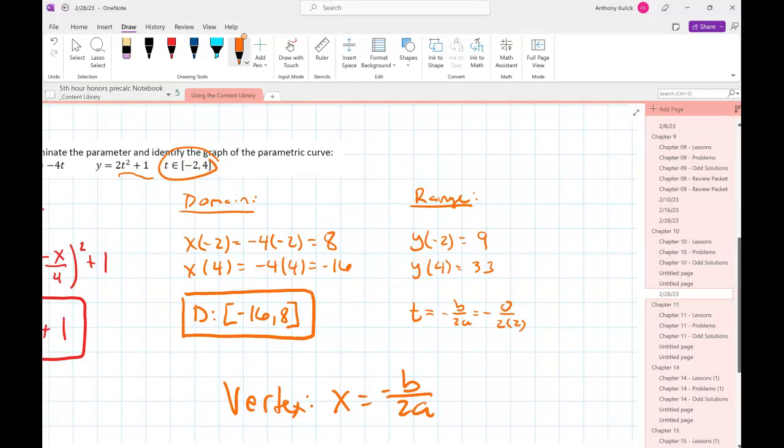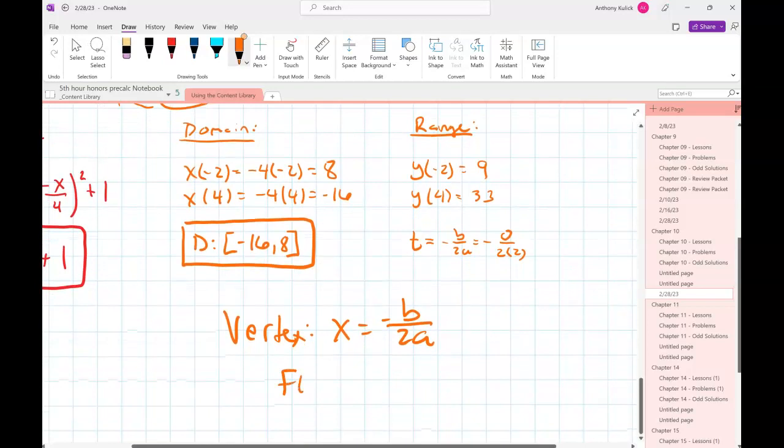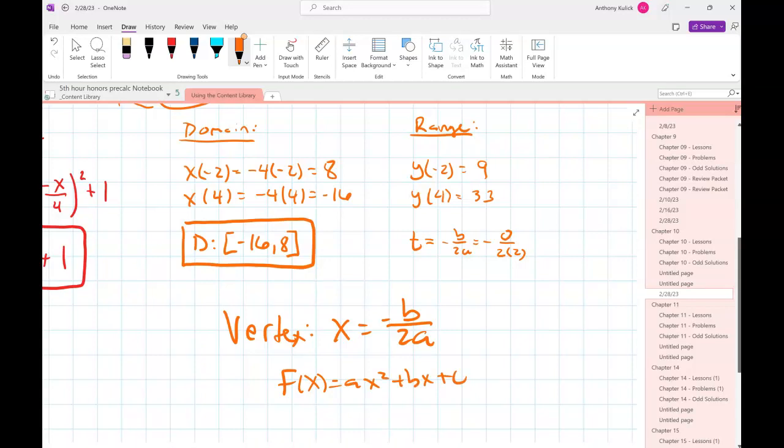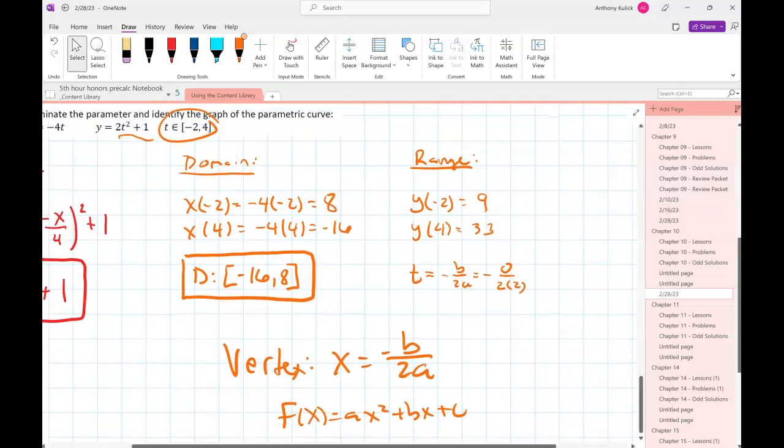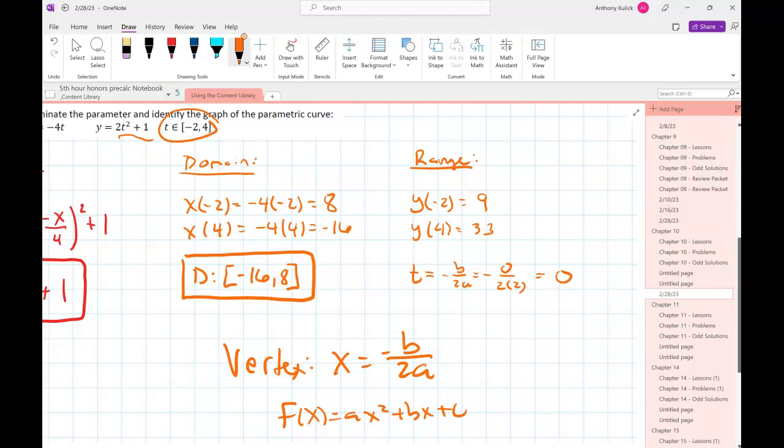Right? Everybody remember the coefficients of the quadratic, a, b, c? A is the quadratic coefficient, B is the linear coefficient, C is the constant. So this is 0. Everybody's okay with that?